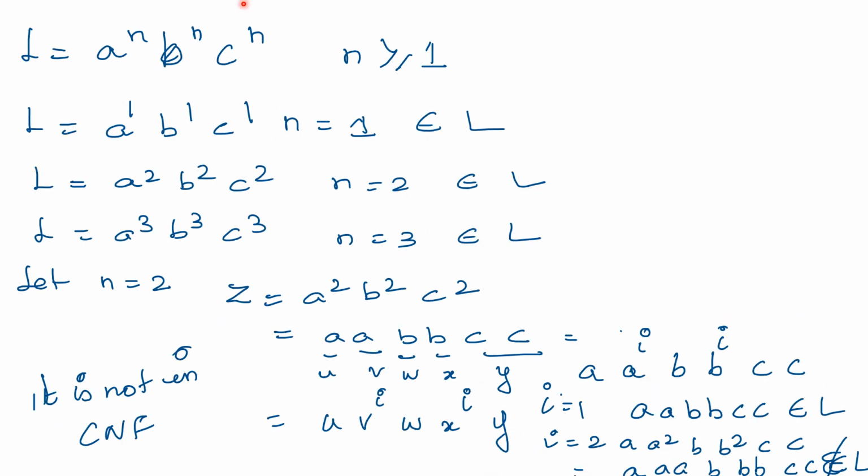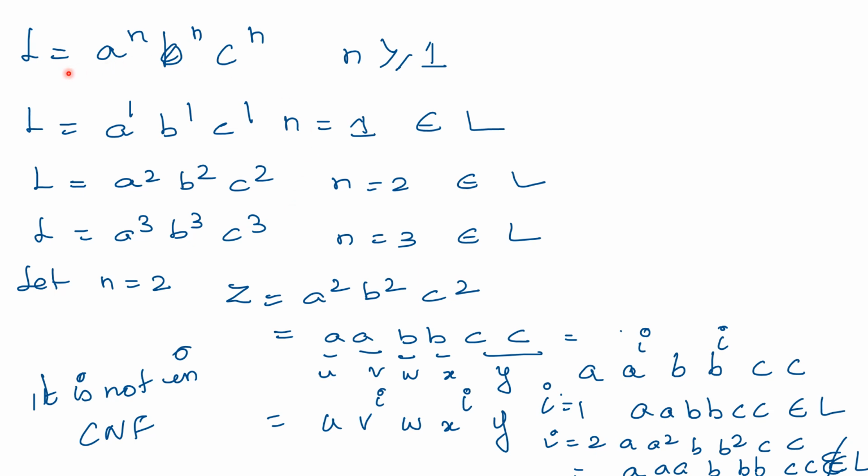So we can say a to the power n, b to the power n belongs to L. However many iterations go on, it still belongs to L, so it satisfies the condition a^n b^n.